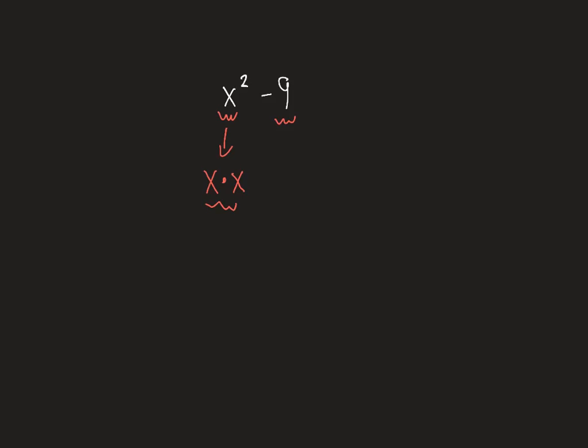Therefore, I can say x squared is a perfect square. What about 9? Well, I know 9 is the same thing as saying 3 multiplied by 3. Once again, I'm multiplying the exact same number by itself. So once again, I can say this is also a perfect square.